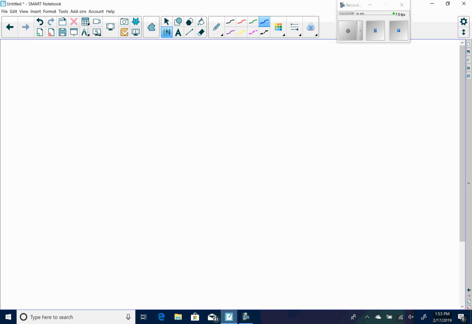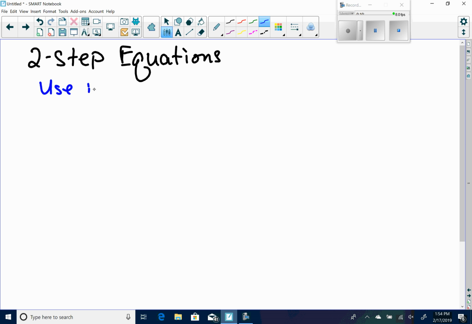Next, we're going to take a look at 2-step equations. And now we're looking at the order of operations backwards. So we're going to take care of any addition or subtraction first. So use inverse operations of addition and subtraction first.